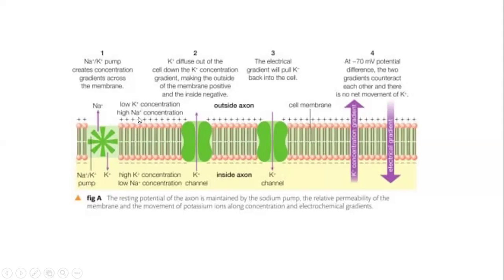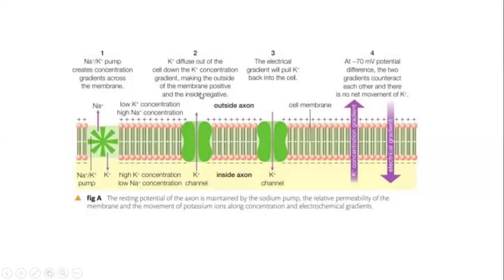Low potassium ion concentration outside. Outside what can you find? Outside more sodium ion concentration, and potassium ion concentration is less outside. Why? Because potassium is going to come in. So outside you get more sodium compared to inside, right? And then these are the channels, right?